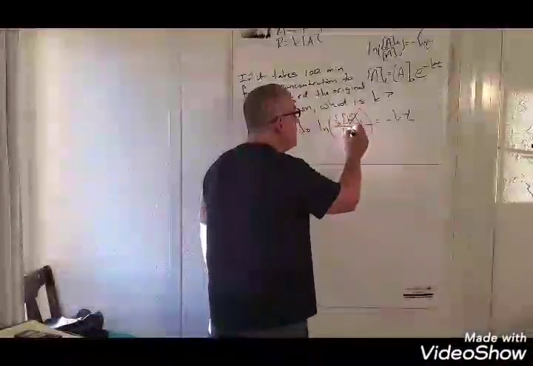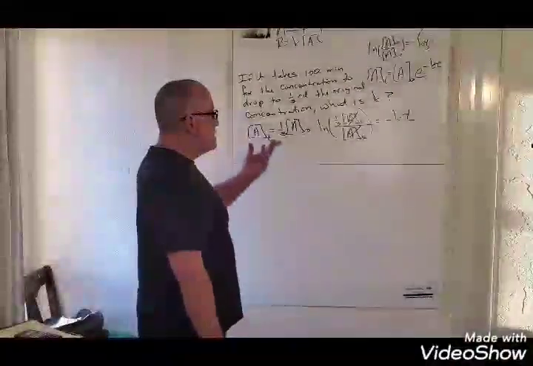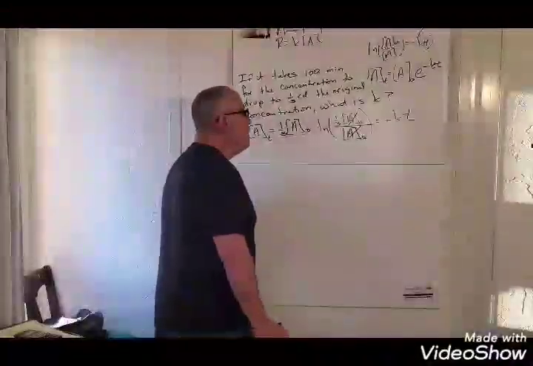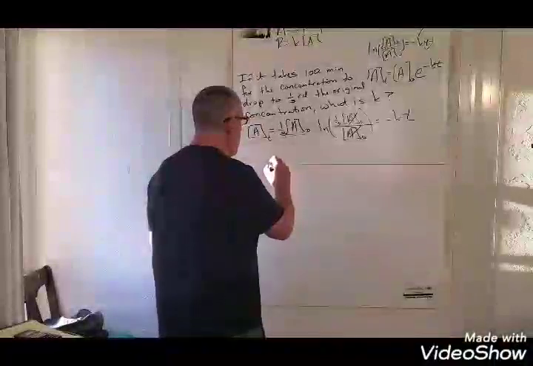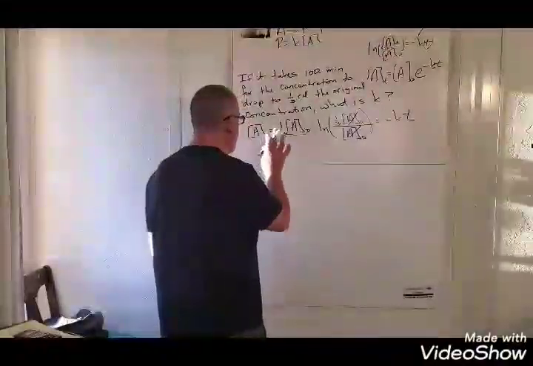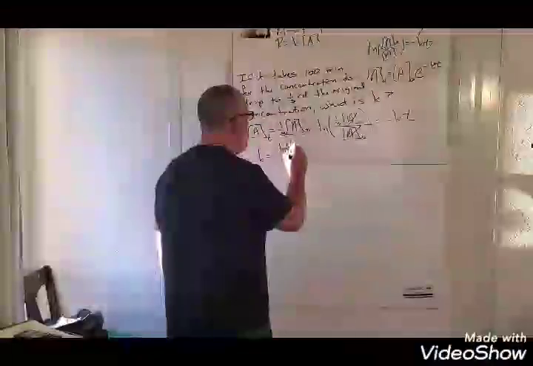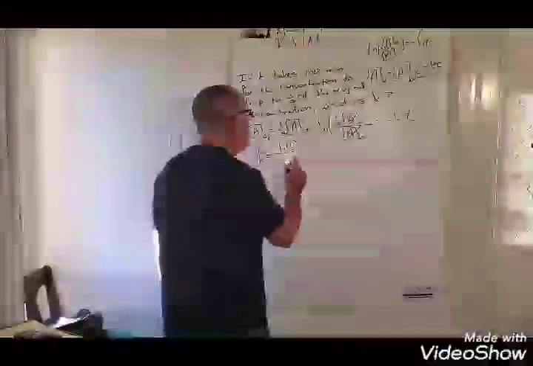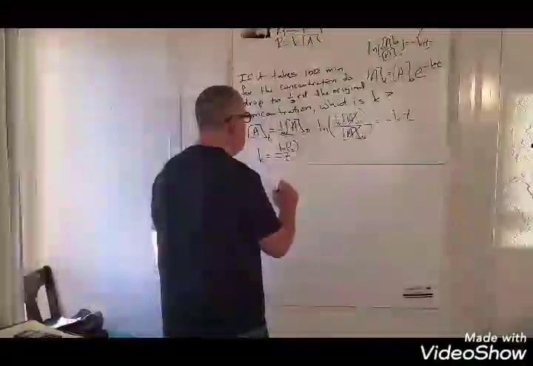If I put that in, you guys see that that cancels out nicely. And then it says, what is the value of K? Well, I'm just going to solve now for K. K is equal to the natural log of 1/3 over minus T, right?